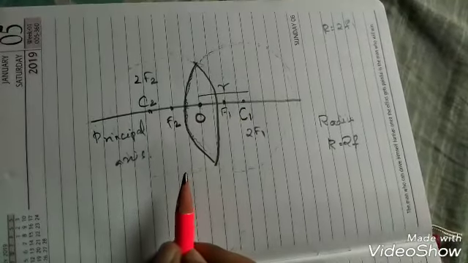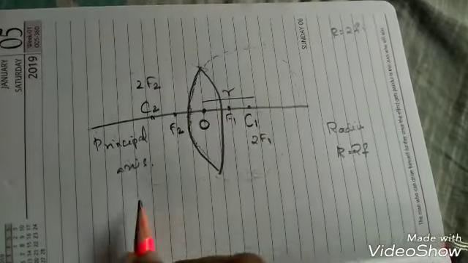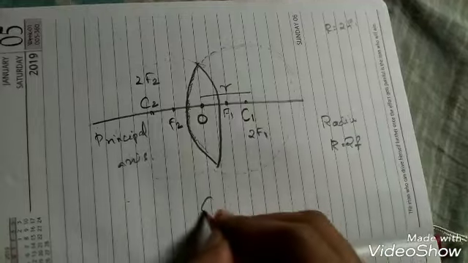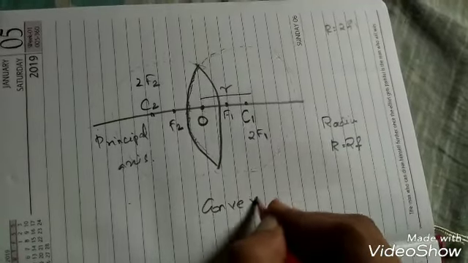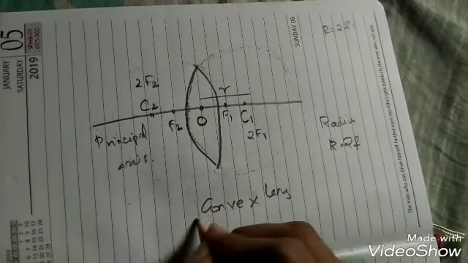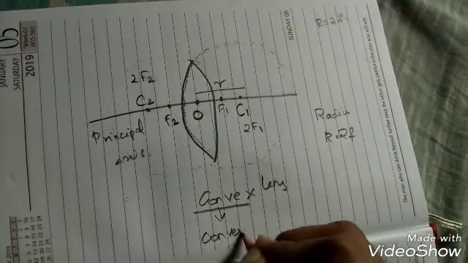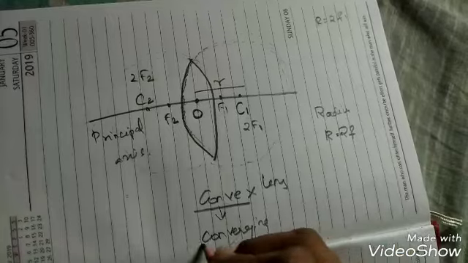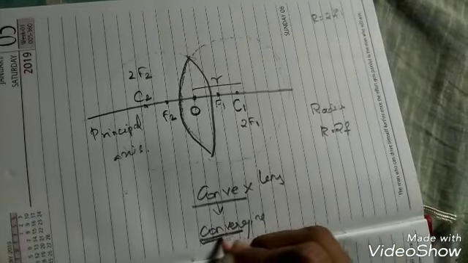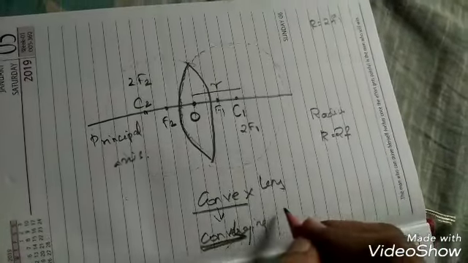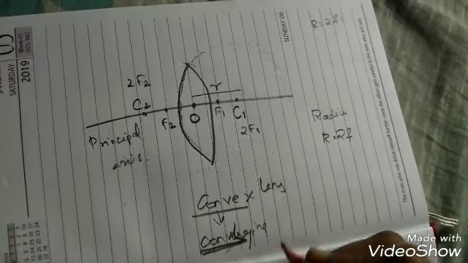Hope you understood. This is the diagram or terminology representation for a convex lens. Since most of the terms come under converging, from this word you can easily tell that it is converging. So a convex lens is a converging lens.